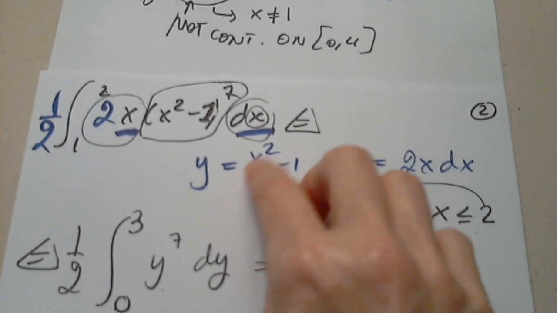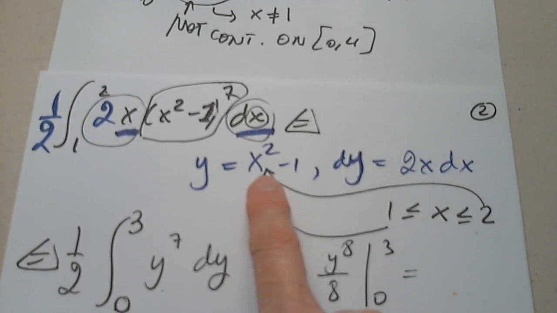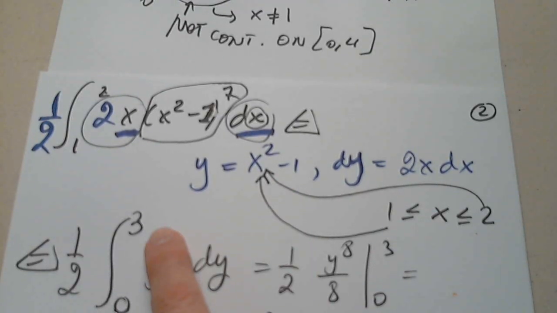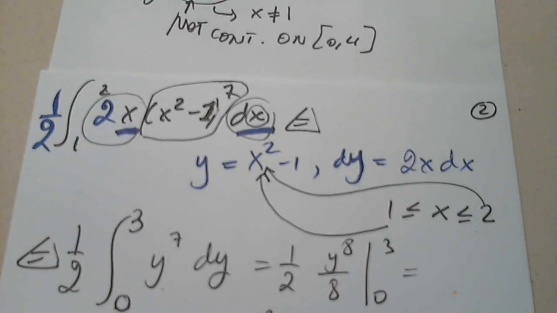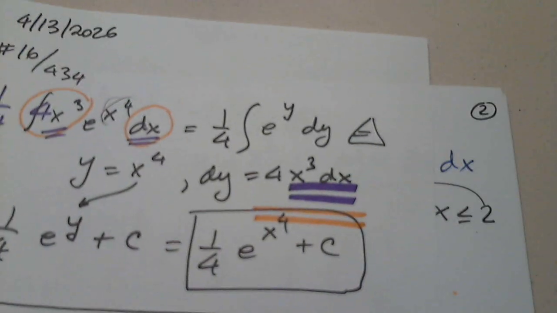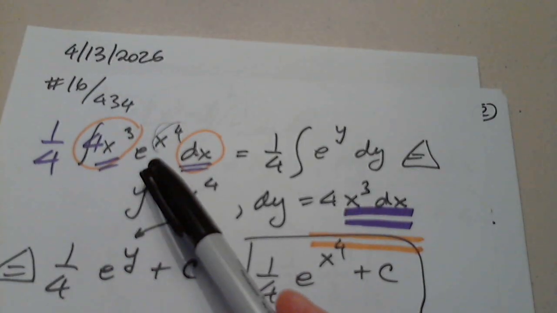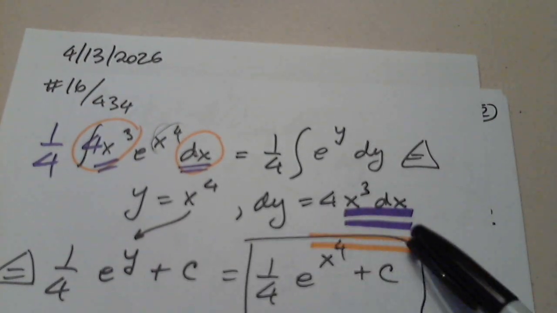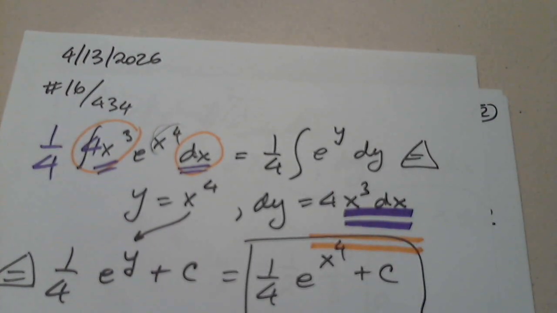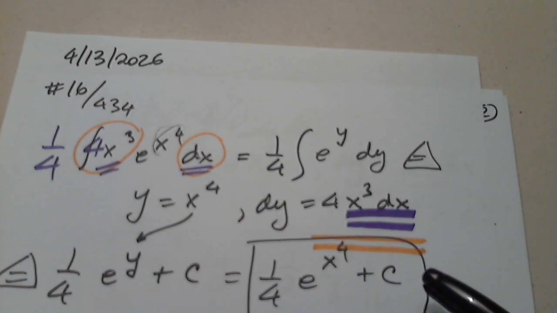So when x is 1, 1 squared minus 1 is 0. When x is 2, 4 minus 1 is 3. We do not go backwards like we did here with the indefinite integral. The indefinite integral is a function, mainly the most general antiderivative, a family of functions as we know.